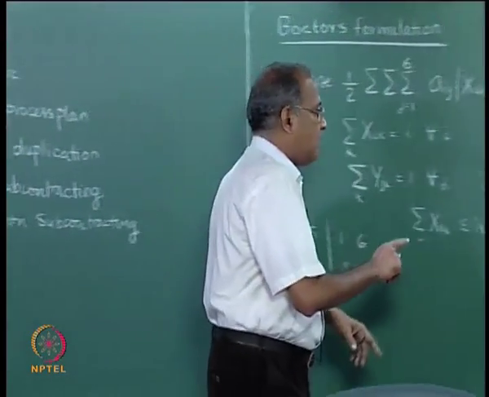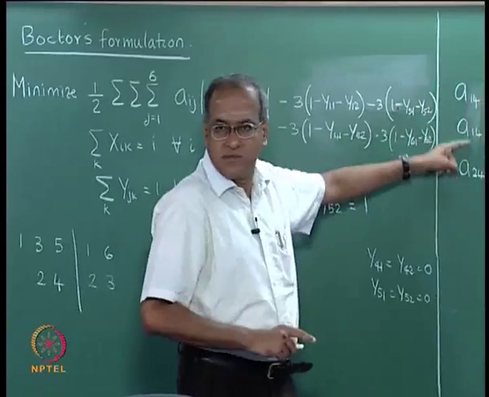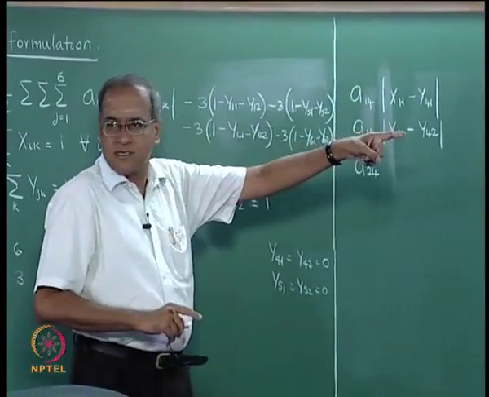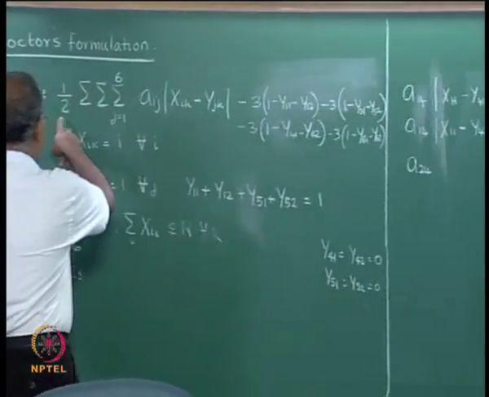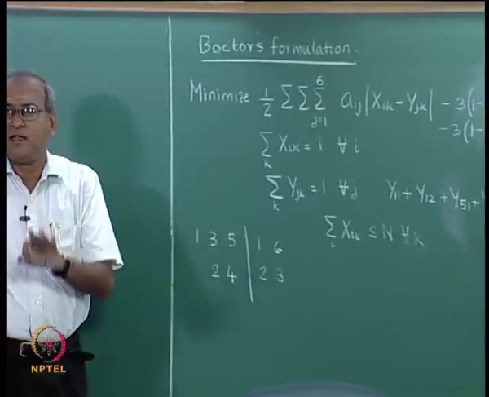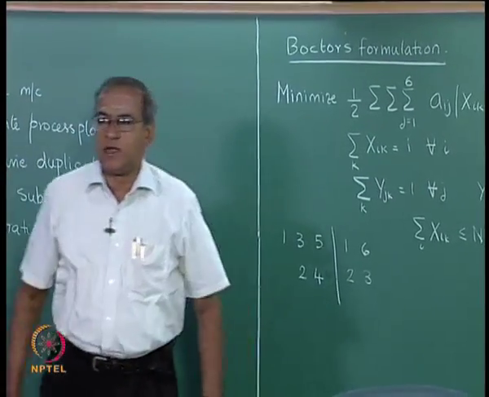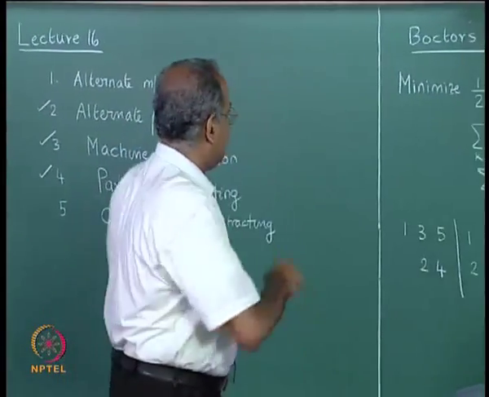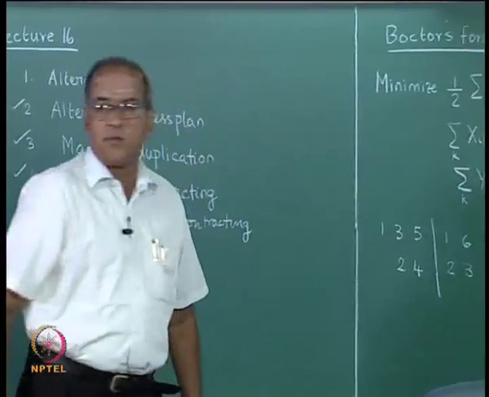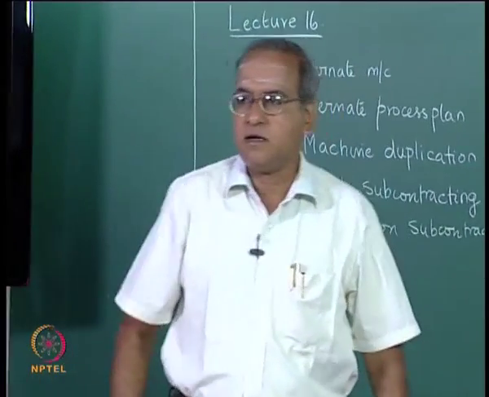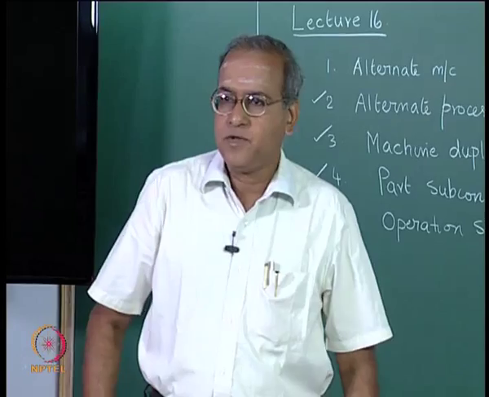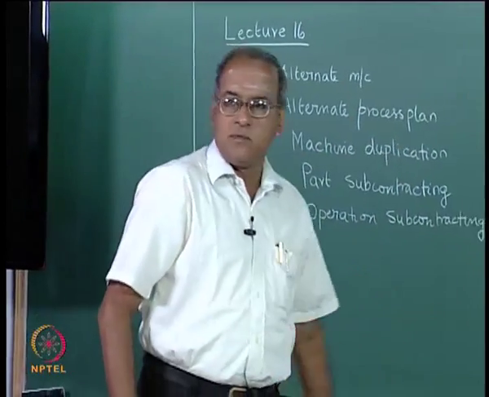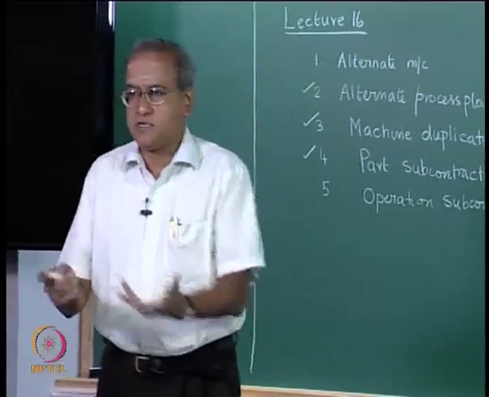I explained now how each one will add 2 times. So there will be 6 contributions. This half will ensure that it is 3 and that 3 is taken away. So this is how the Bochter's formulation has to be modified if we are using alternate process plans. An optimum solution to this problem would give us the correct choice.